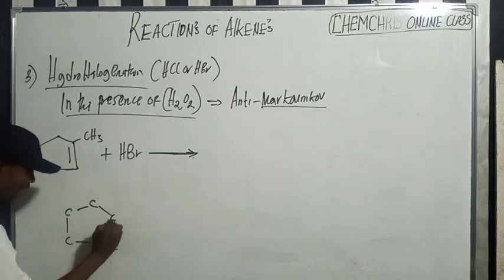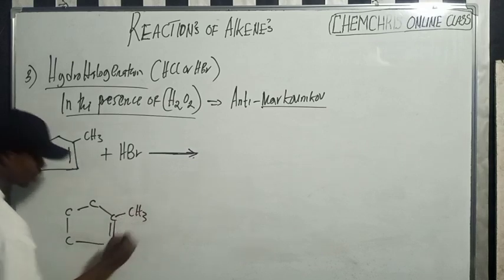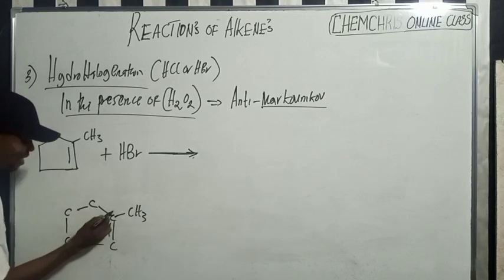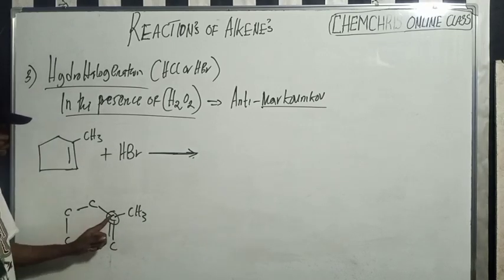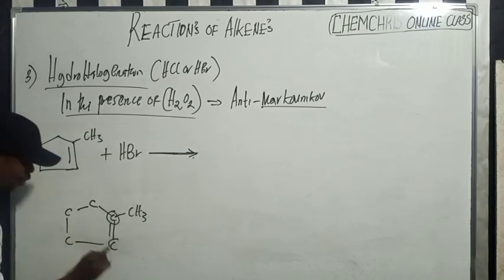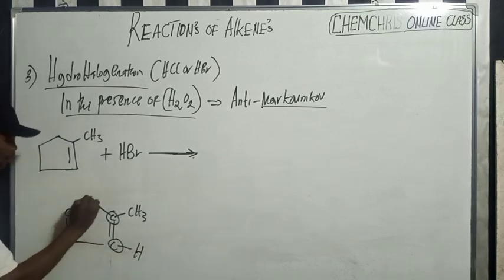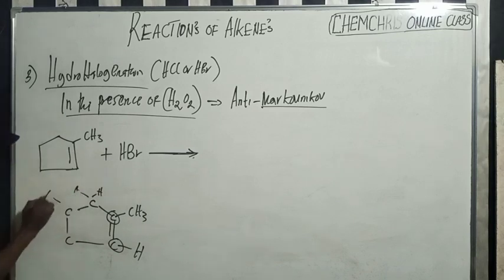There's a double bond here, and you have CH3. Remember, carbon must have four bonds. This carbon atom already has four bonds, so no hydrogen will be here. This carbon atom on the other hand has three bonds, so you have hydrogen. Here we have two hydrogen, two hydrogen, two hydrogen, right?